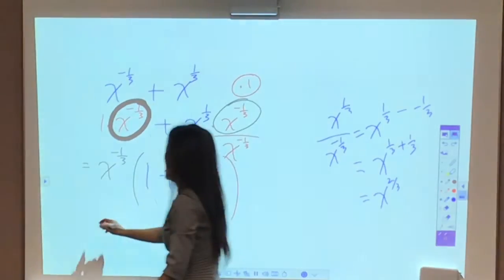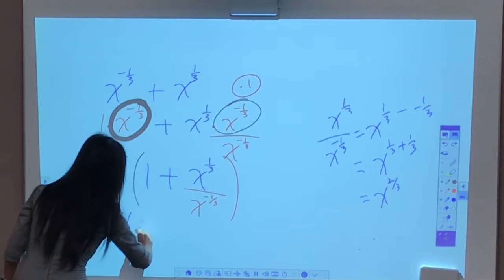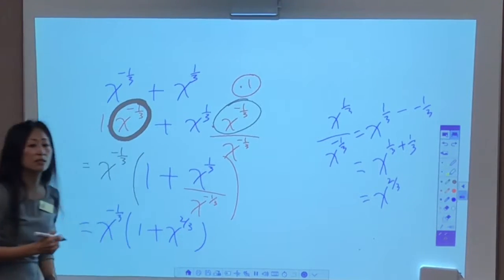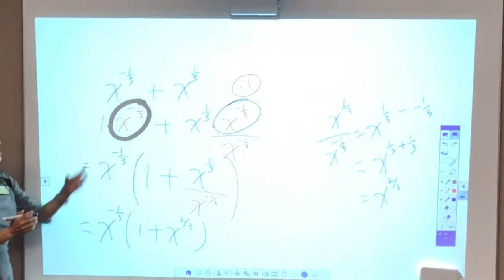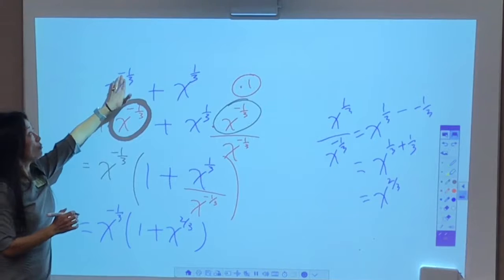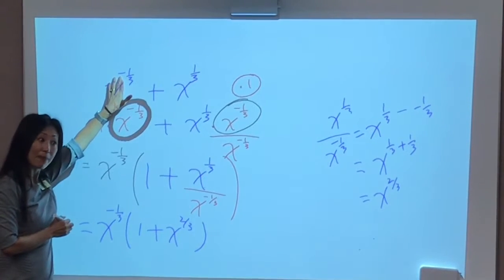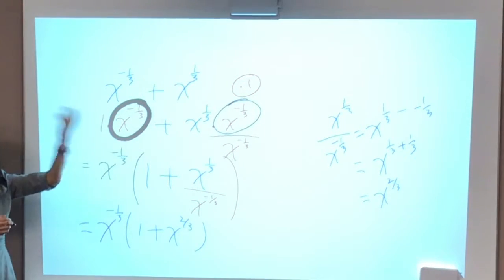So can you rewrite this problem as x to the negative 1/3 over 1 plus x to the what? 2/3. All right, now we rock it, we roll it. Are you following me? What's the trick that I did? I chose to factor out whatever the negative power is, okay? The negative power is the one you have to factor out because you have to do the least common factor to bring it out.